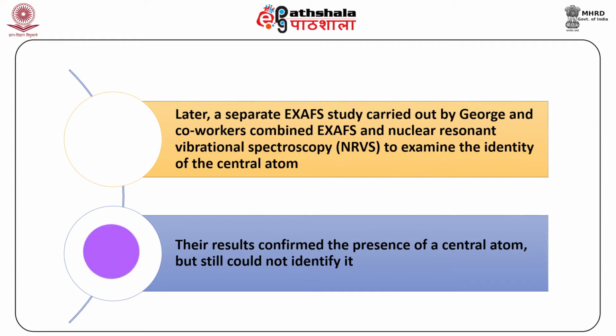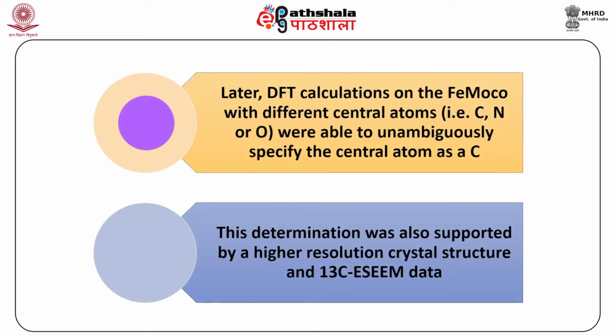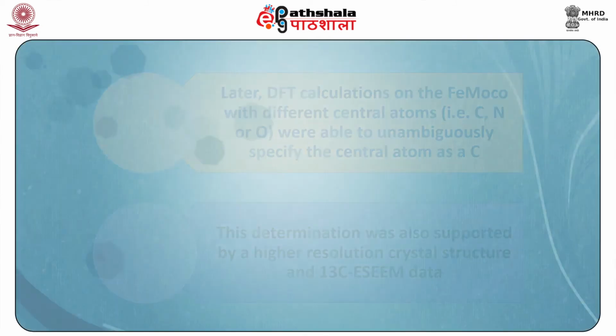The results confirmed the presence of a central atom but still could not identify it. Later, DFT calculations on the iron molybdenum cofactor with different central atoms, that is carbon, nitrogen or oxygen, were able to unambiguously specify the central atom as a carbon. This determination was also supported by a high resolution crystal structure and carbon-13 ESEEM data.